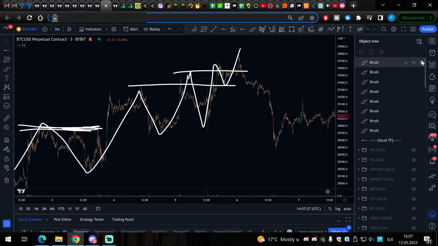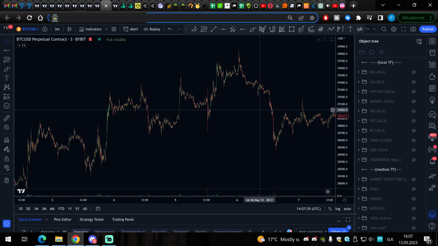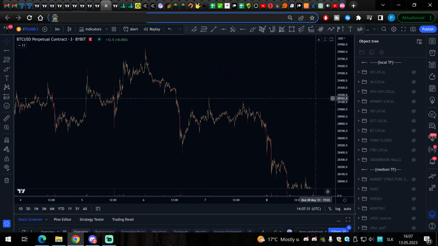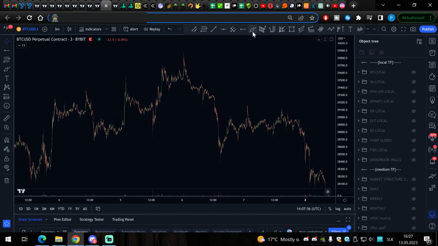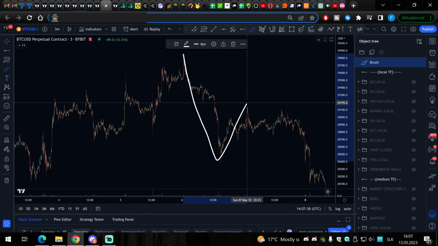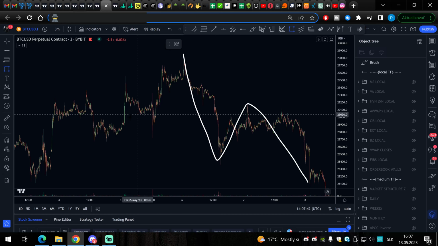And now we can see some examples of the local downtrend. So we initiated a new downtrend, and we've created multiple support and resistance zones.